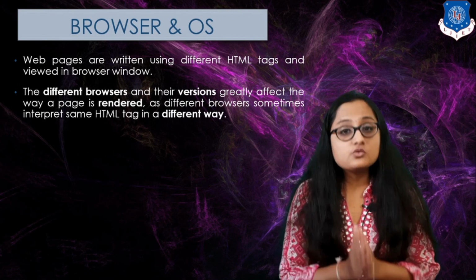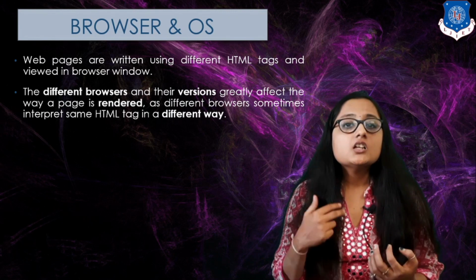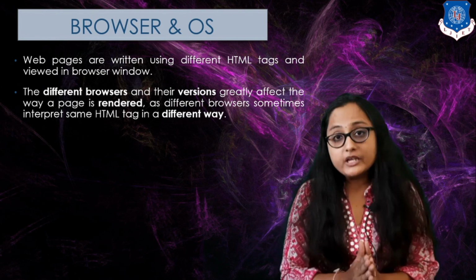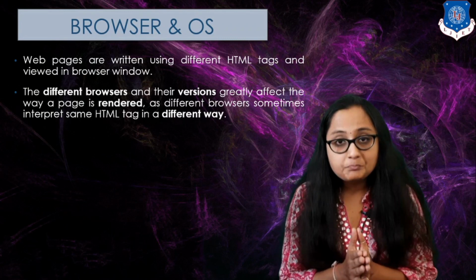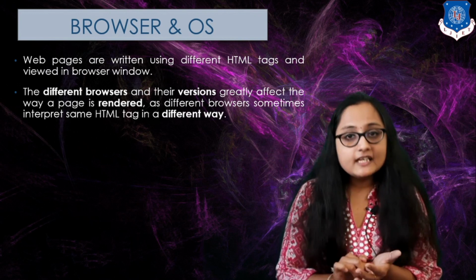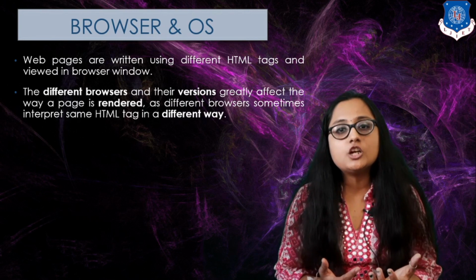But different browsers and their different versions greatly affect the way that your HTML page is rendered. Why? Because if you recall, in the last lecture we saw the architecture of a browser, which consists of a rendering engine. This rendering engine is responsible for parsing your HTML documents.